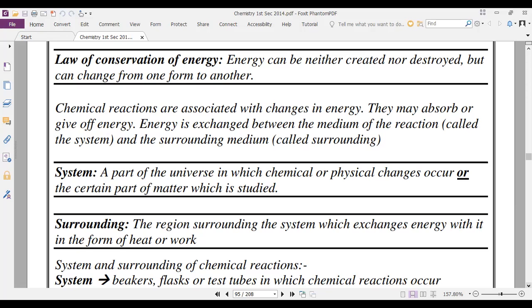Surrounding is the region surrounding the system, which exchanges energy with it in the form of heat or work. So what's meant by surrounding? The region surrounding the system which exchanges energy with it in the form of heat.